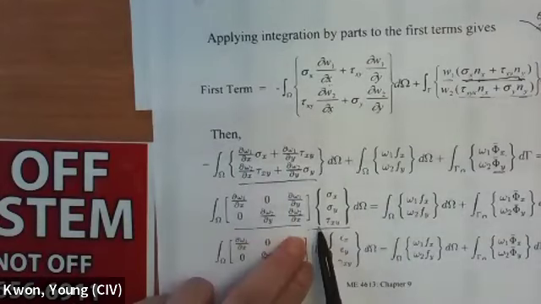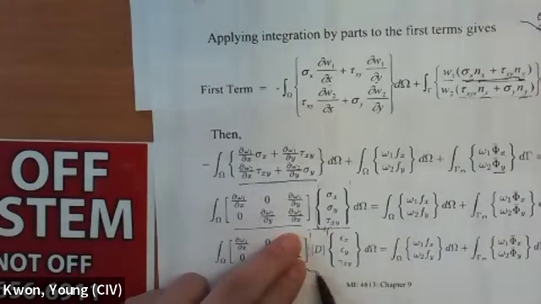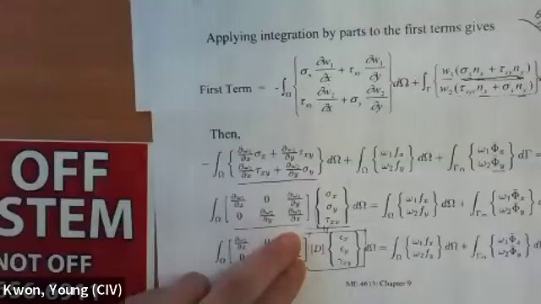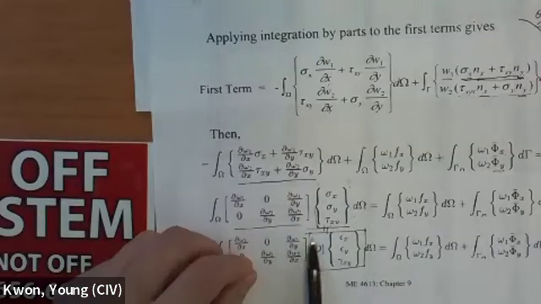Then what do we do? This is now a stress component without derivative. So now we can apply the constitutive equation. In other words, this is equal to this. That's what we developed in one of the previous slides. So sigma x, sigma y, tau xy is equal to this matrix, and then epsilon x, epsilon y, gamma sub xy.